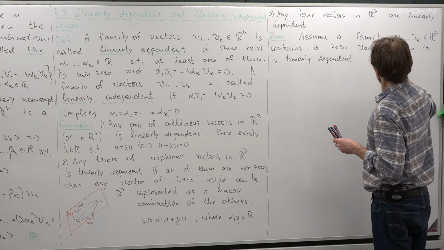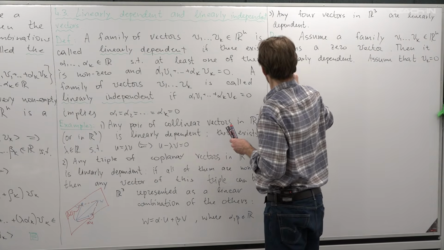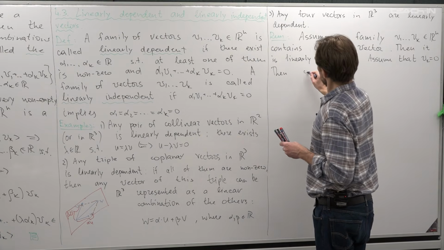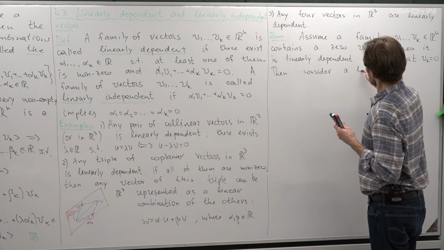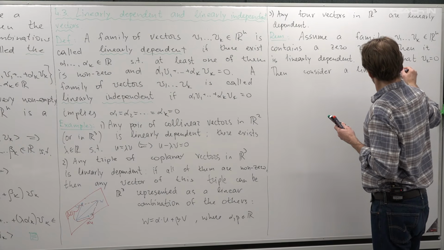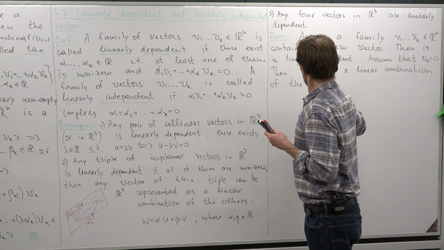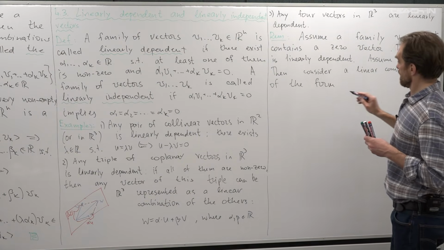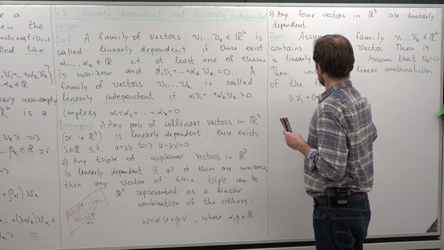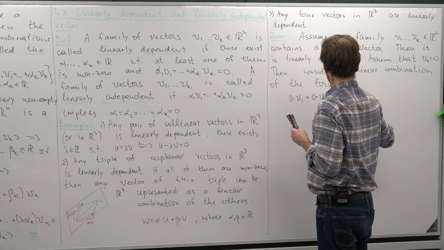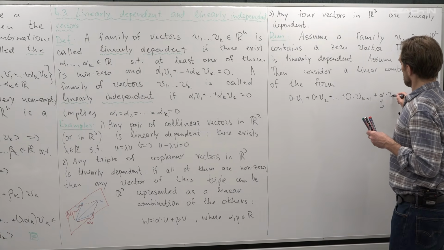So assume that vk is zero, then consider a linear combination of the form zero multiplied by v1 plus 0 multiplied by v2 plus etc. plus 0 multiplied by vk minus 1 plus alpha, which is non-zero, multiplied by vk.